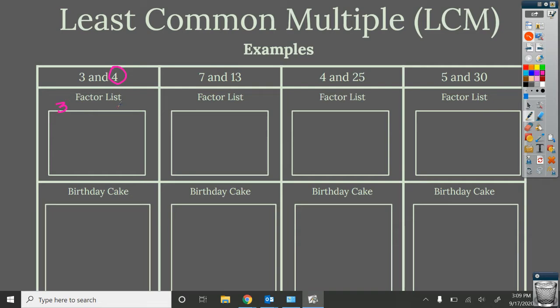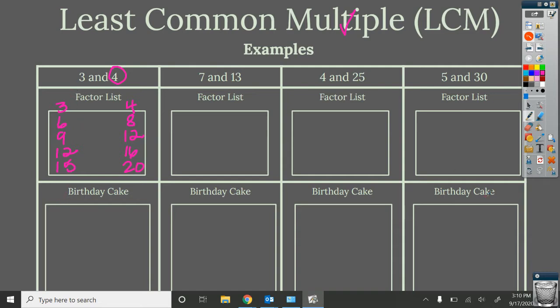So I've got 3 and I've got 4, and I'm just going to skip count the first 5 multiples. So I'm going to do 3, 6, 9, 12, 15. 1, 2, 3, 4, 5. And then I'm going to do 4, 8, 12, 16, 20. So I have the first 5 multiples of both numbers. So I've taken care of the multiple part.